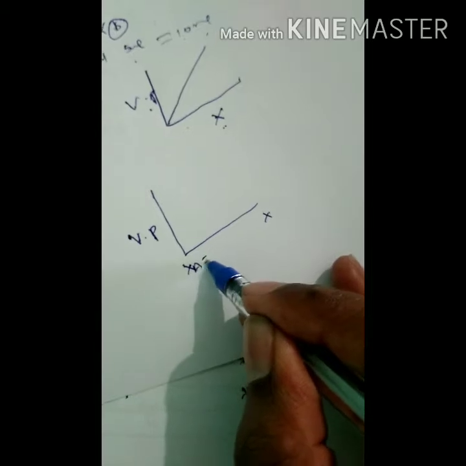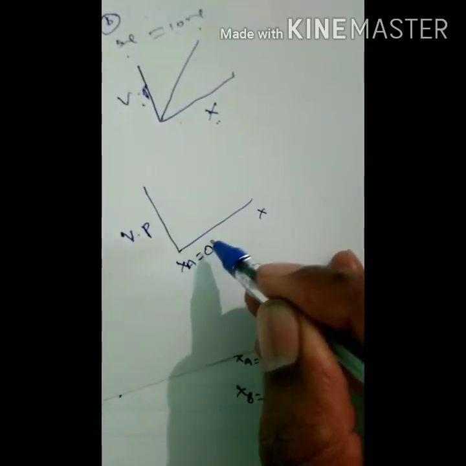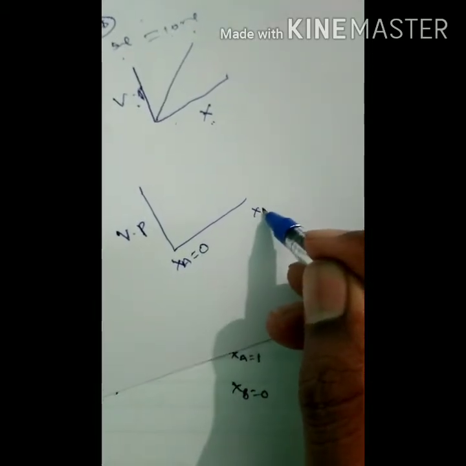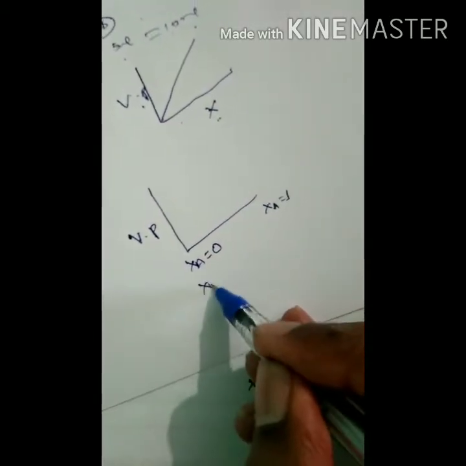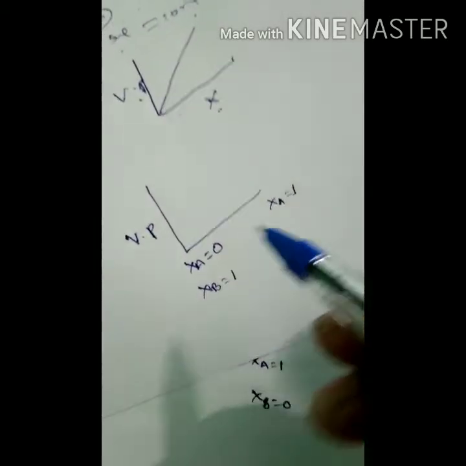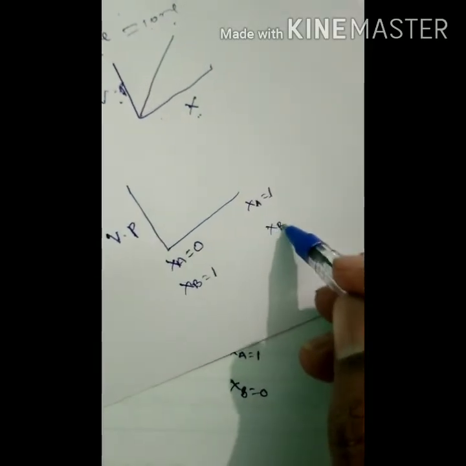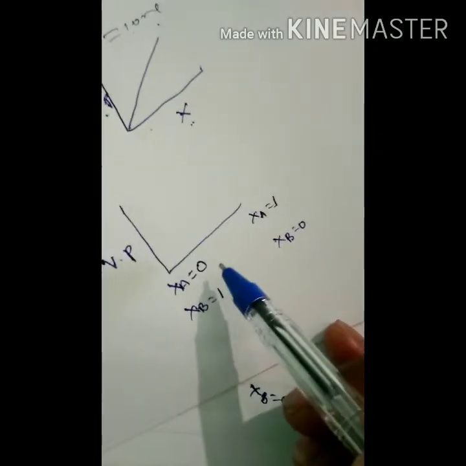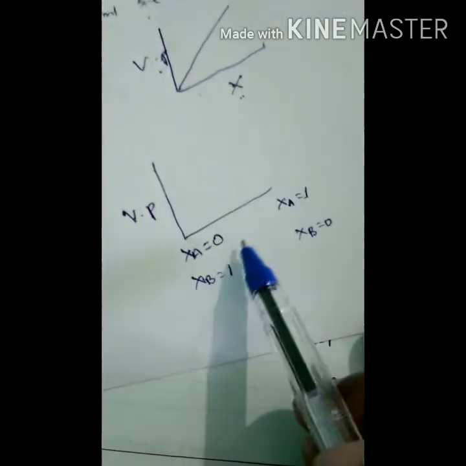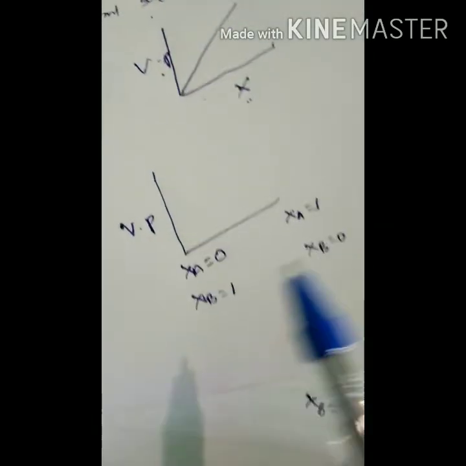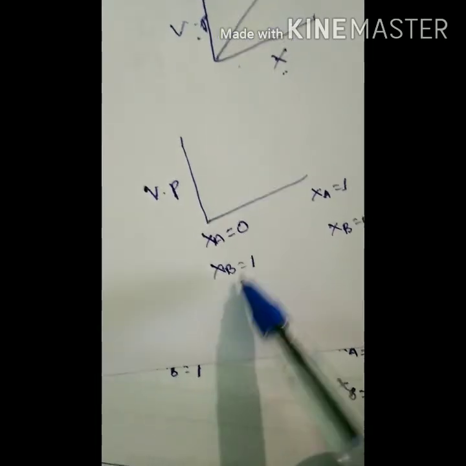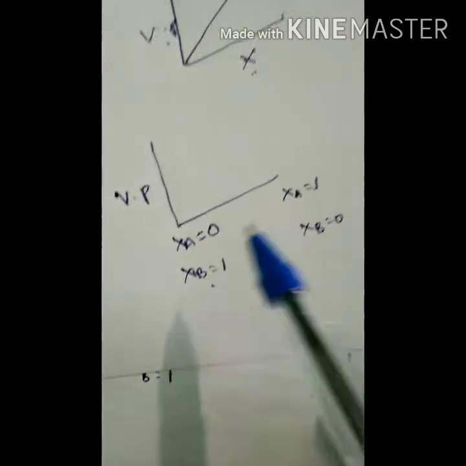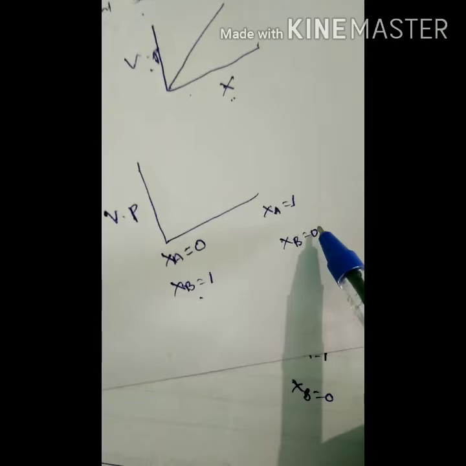Suppose for example XA equals 0 here, and XA equals 1 there. Here XB equals 1, and there XB equals 0. The sum of the mole fractions of solute and solvent is 1. Here 0 plus 1 becomes 1, and here 1 plus 0 becomes 1.